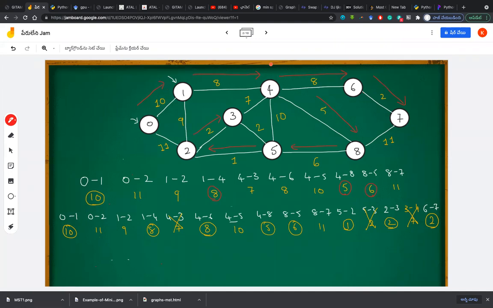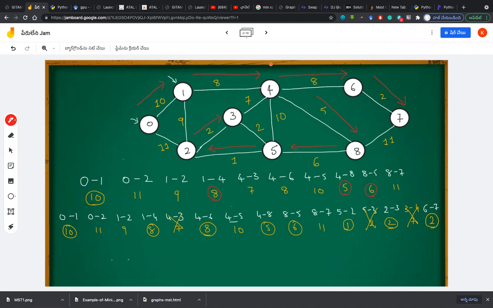But if you go from 3 to 5 and 5 to 2, it is 3. So if you take them as kilometers, definitely you will prefer 3 to 2. That's not a spanning tree. That's called shortest path algorithms, which are applied in your GPS systems. Did you understand? Minimum spanning tree is different from the shortest path algorithms.